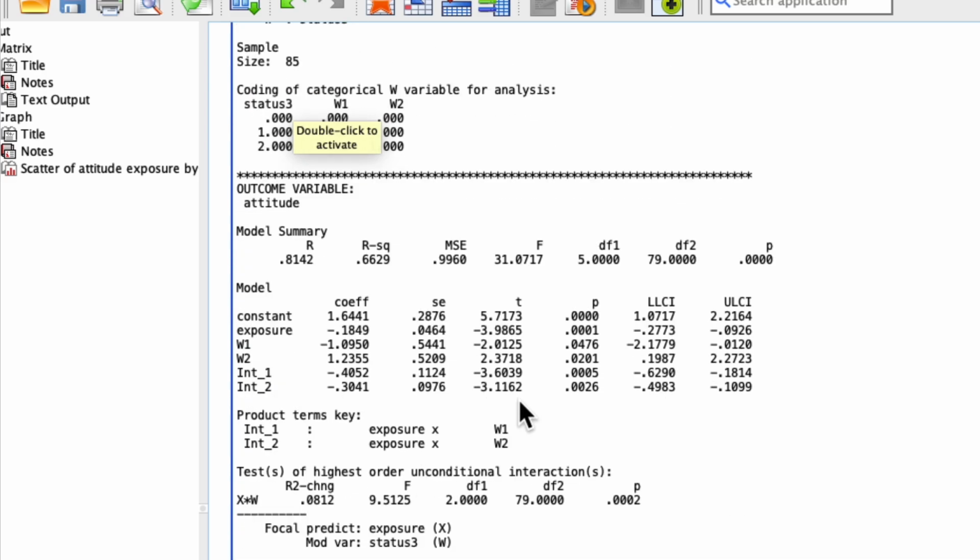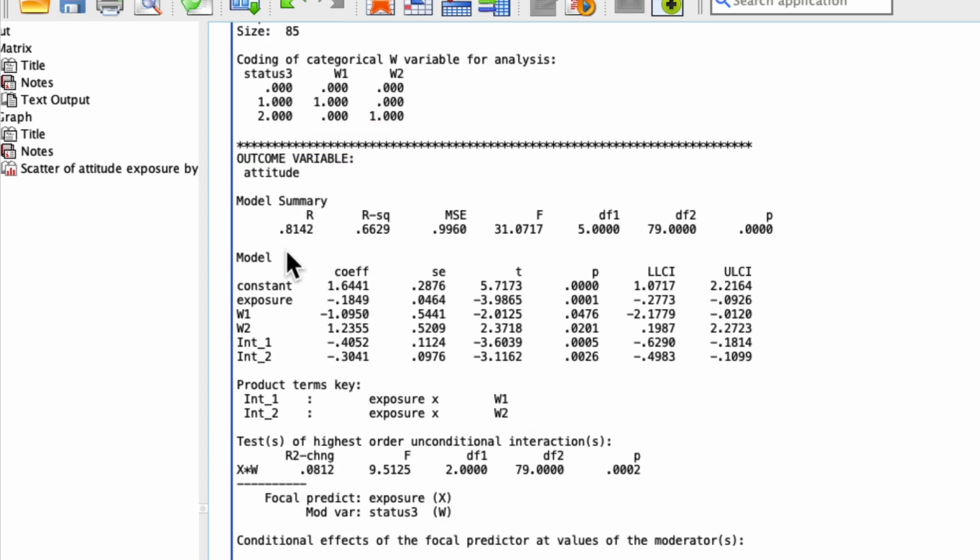So if we look at our regression analysis results, of course we see the R squared, how much variance is explained, but more importantly now is what are the coefficients that we find in here. We can see that the slope of the regression for exposure, trying to explain attitudes towards smoking by exposure, is minus 1849, and this is in the case where the dummy variable is 0.